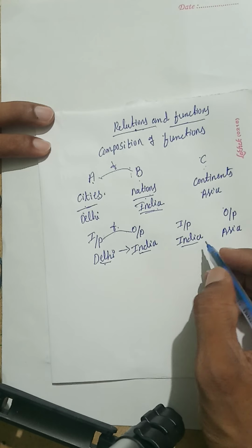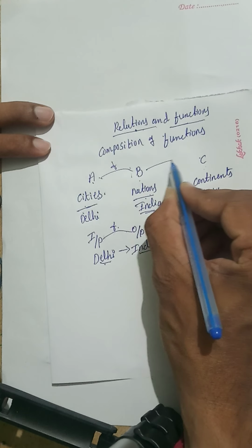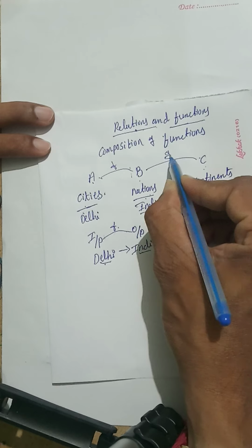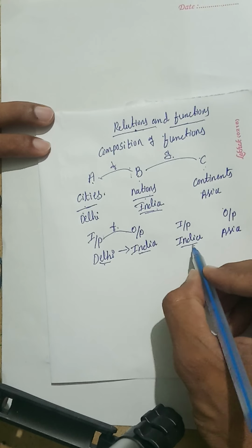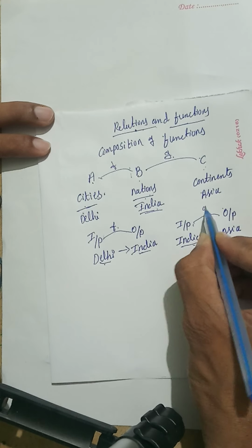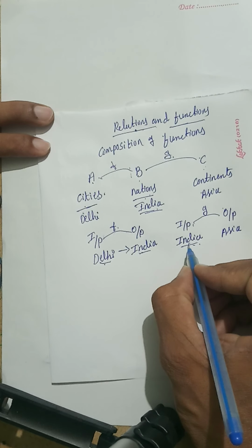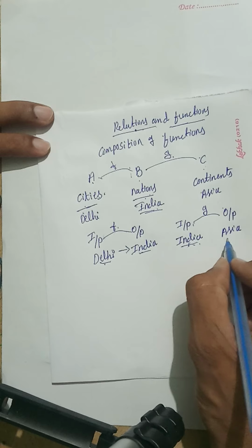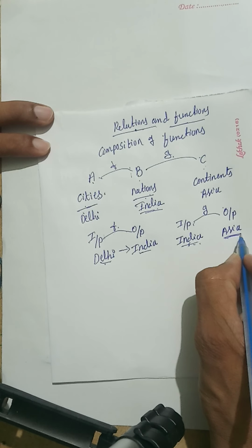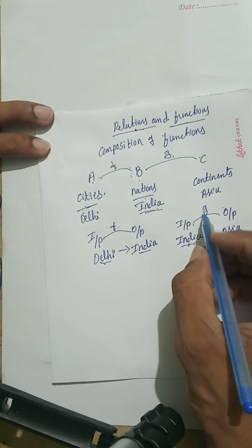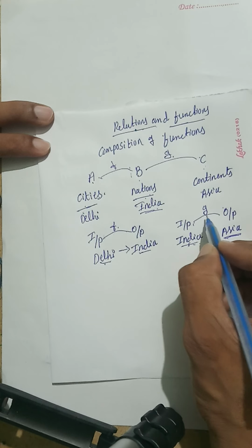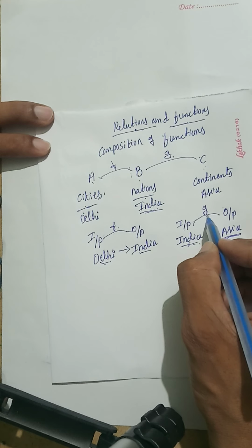Okay, so this function goes under the function g. I am giving India as an input and I am getting Asia as a continent. This function is under g.